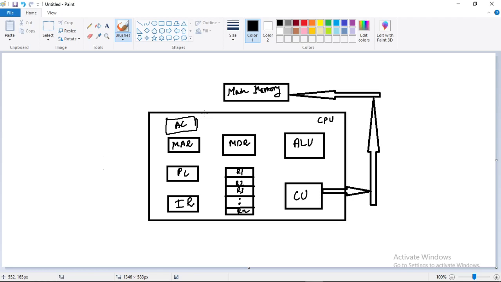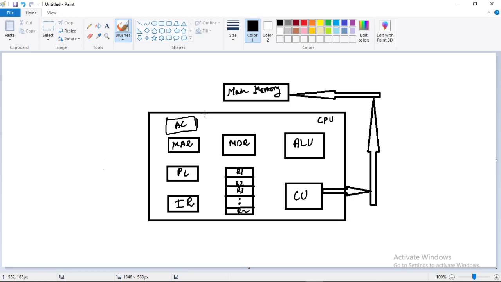After MAR I am coming to MBR or MDR, whatever you can say: memory data register or memory buffer register, or sometimes it is also called data register, DR. Now what does MDR do? It contains the data of the location which is held by the MAR.